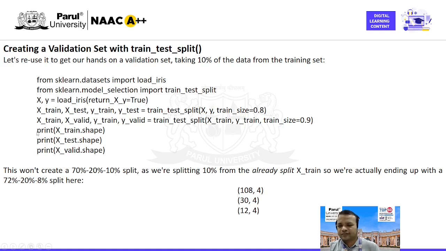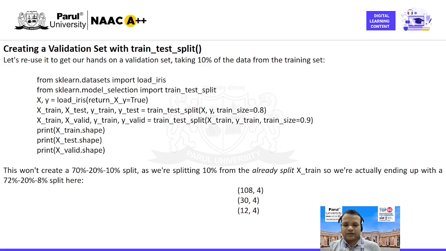After that we want to print the size of the training part, test part and validation part. So we write print X_train.shape, print X_test.shape, print X_valid.shape. This one creates a 70%, 20%, 10% split.